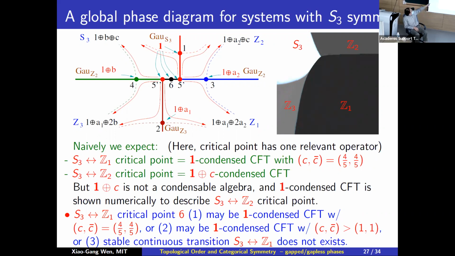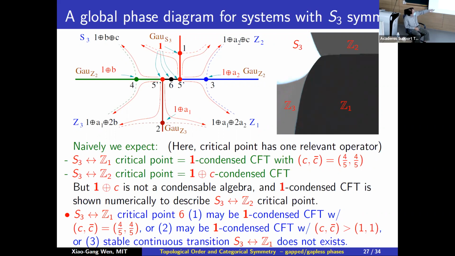And this transition is a general transition. So we're looking for the CFT with one relevant operator, one symmetric relevant operator. And indeed, the 6-5 minimum model CFT has only one relevant operator describing this S3 to Z2 transition.